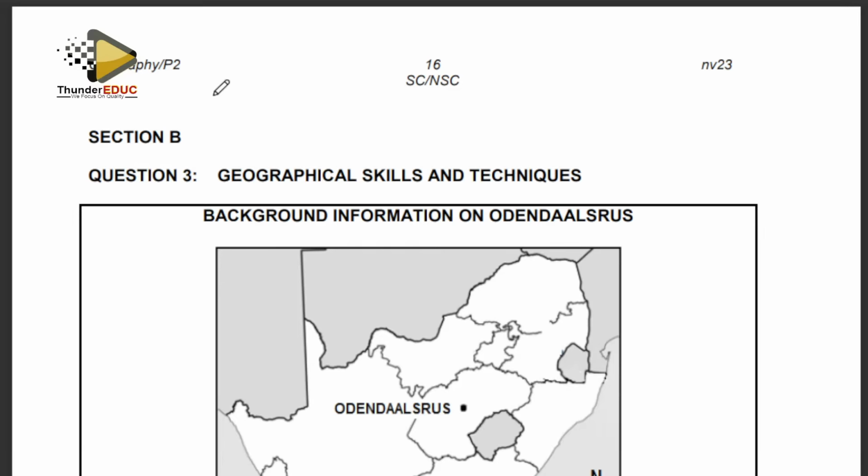All right. So before we start with the map work section, I want to remind you that this is paper 2, and don't forget the areas of concentration that we are supposed to focus on. Remember, it's PWV and Durban Pine Town, which are the core industrial regions that we are going to focus on this year.